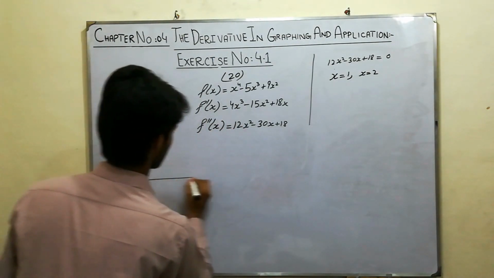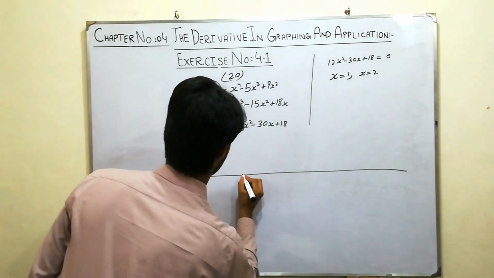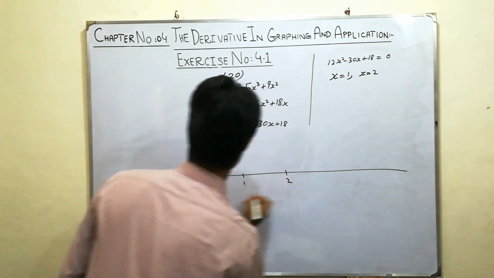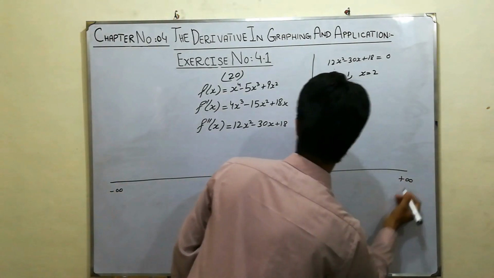We will put them in a region: minus infinity, 1, 2, plus infinity.